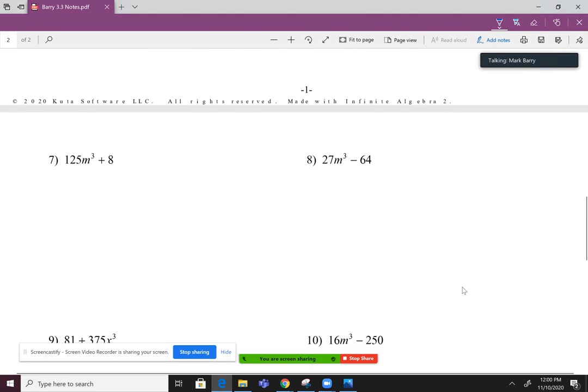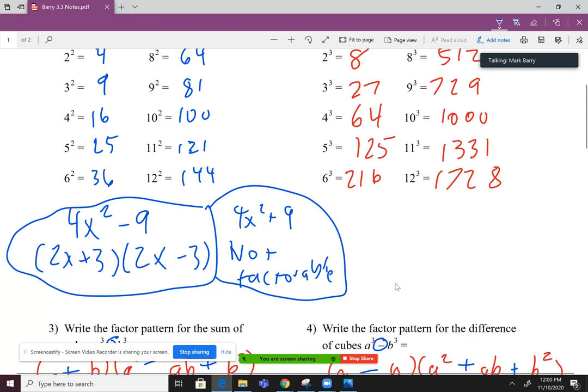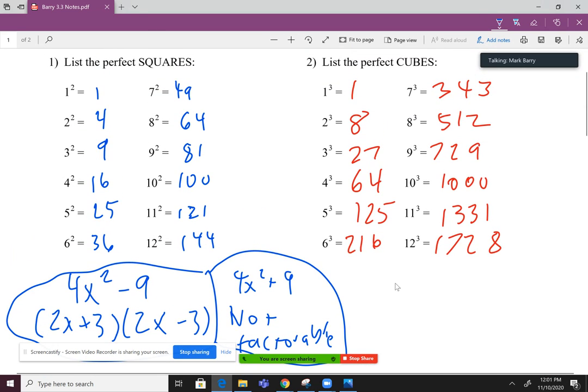All right, let's keep it going here. 7 and 8, okay? I want to give you time to try this out on your own, okay? So why don't you try out number 7 and 8? We'll go over them in a couple minutes. You want me to show you the chart? All right, here's the chart.